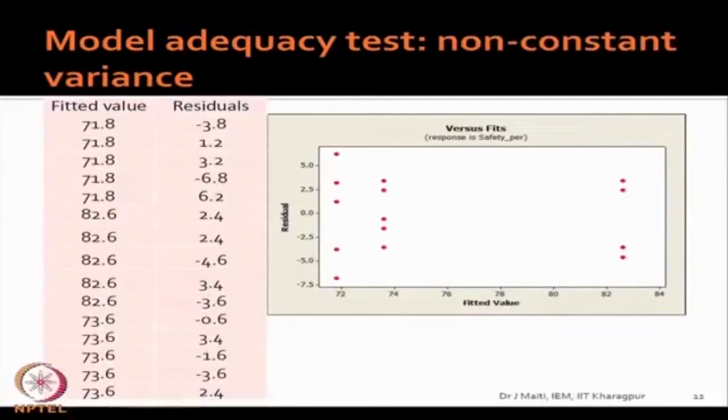Third one, what you have to test, that is non-constant variance. We said that the variance is equal across the populations. So, here what you require to do is find out the fitted values and residuals. Now, what are the fitted values here?